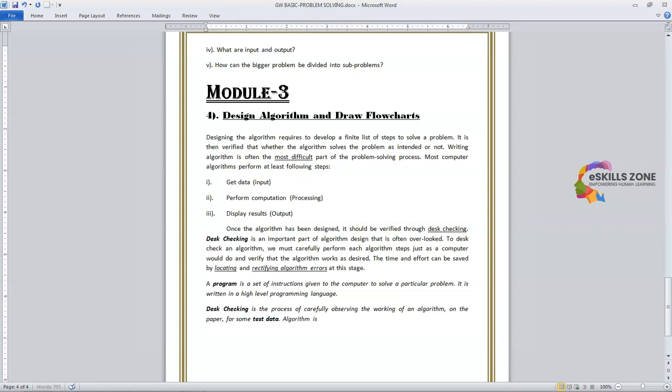The algorithm is provided a variable set of input for which the output is examined.